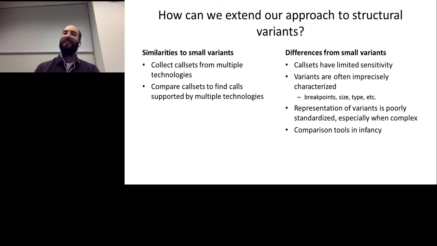The representation of these variants is poorly standardized, and that's especially true once you get to more complex changes that occur in repetitive regions. And then tools to do the comparisons of structural variants are really in their infancy, and there's been a lot of work done in this in the past couple years, but we have yet to come to a consensus on what the best approach is to do this yet.